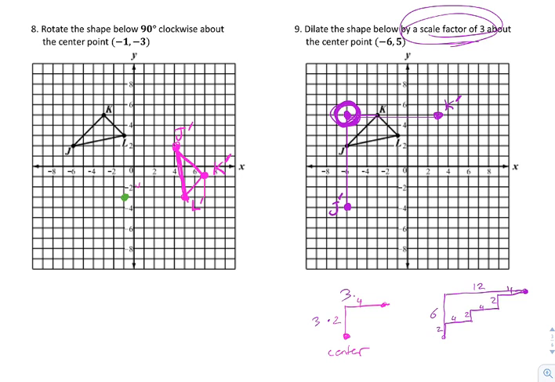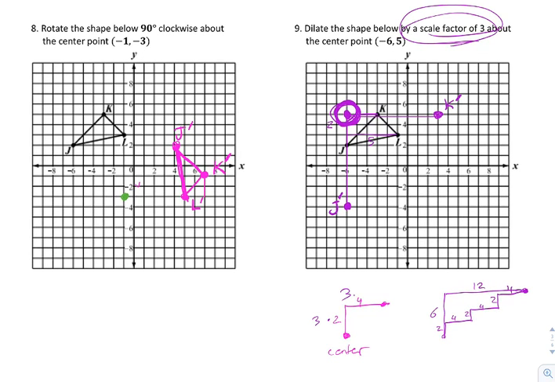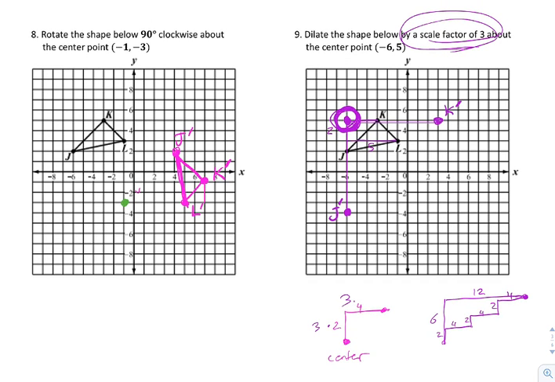And then L, go down 2 and right 1, 2, 3, 4, 5. So it was 2 and 5. Let's see, 1, 2, 1, 2, 3, 4, 5. Yep. So I'm going to multiply that by 3. So now I'm going to go down 6 and over 15. Okay. So let's do that. So I'm going to go down 1, 2, 3, 4, 5, 6 from my center.